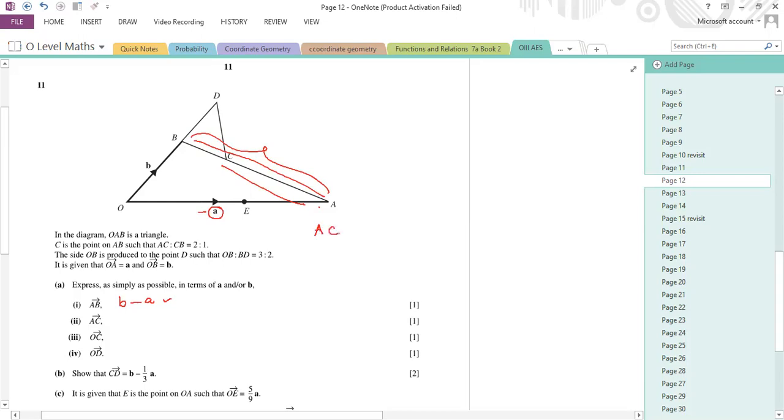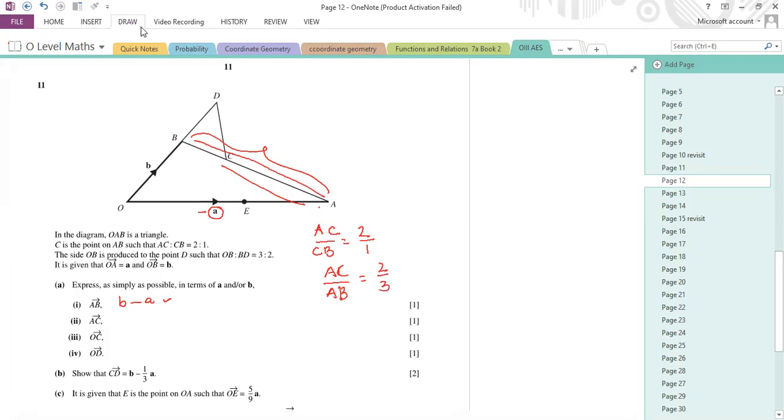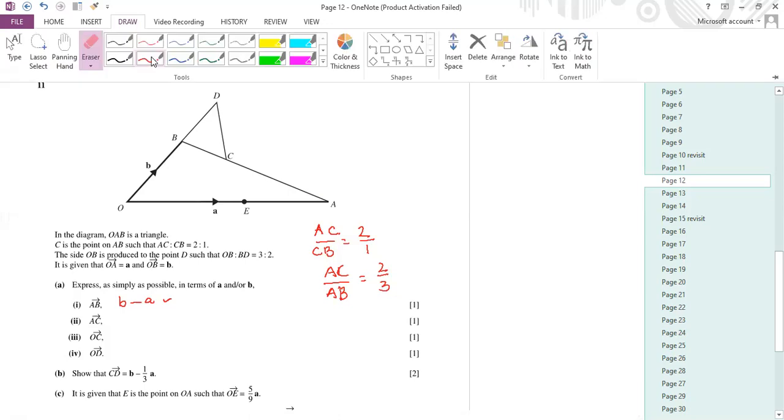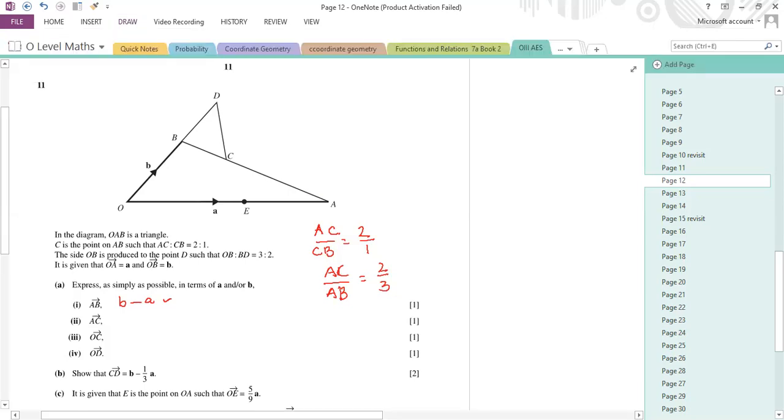For example, AC upon CB is 2 to 1. It means that AC upon AB is 2 upon 3. This is simple. AB is all three parts, out of which AC is two parts.